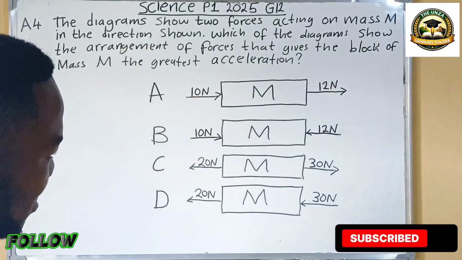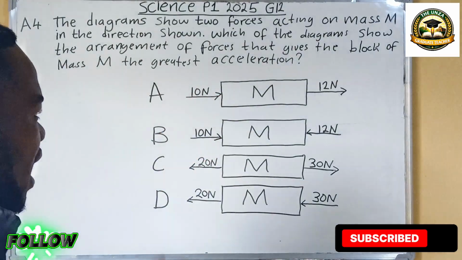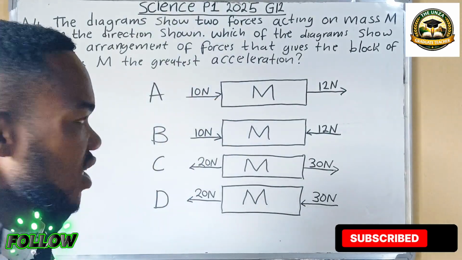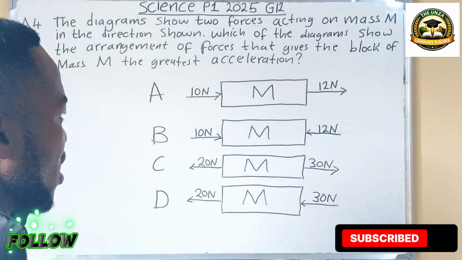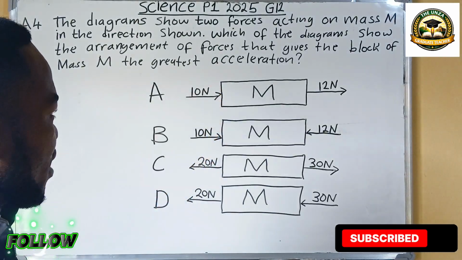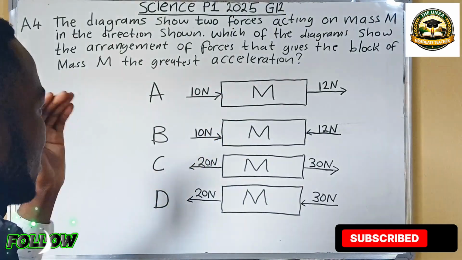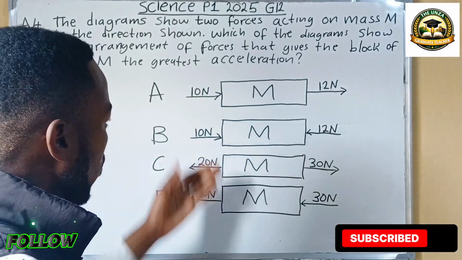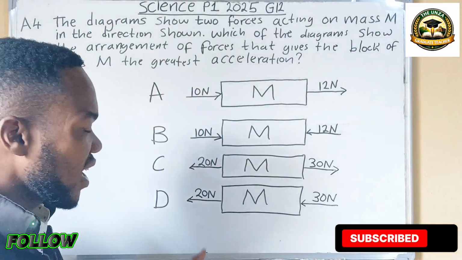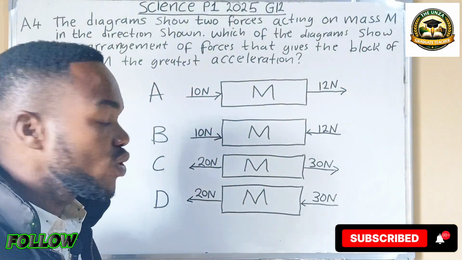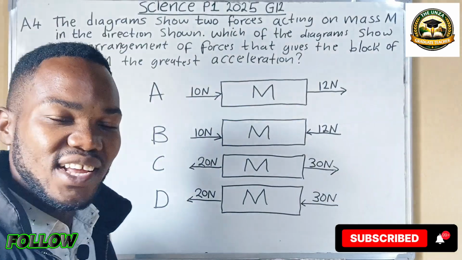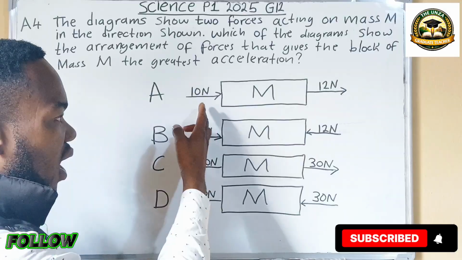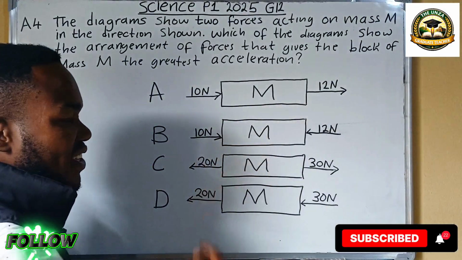So according to this arrangement of forces, the question was asking which arrangement of forces gives the mass M the greatest acceleration. So for you to understand the block which has the greatest acceleration, you have to understand the signs.